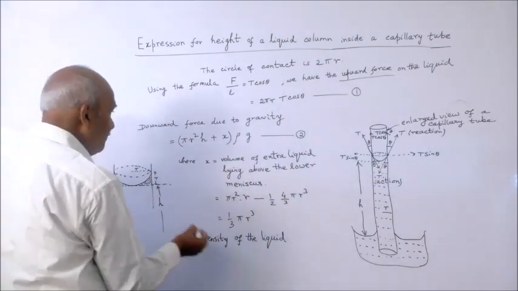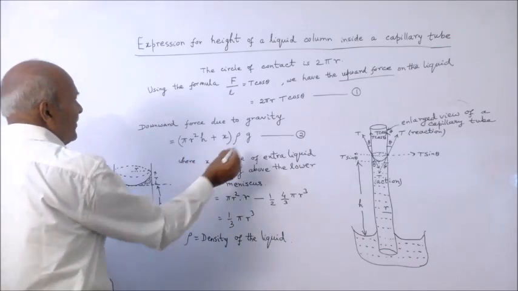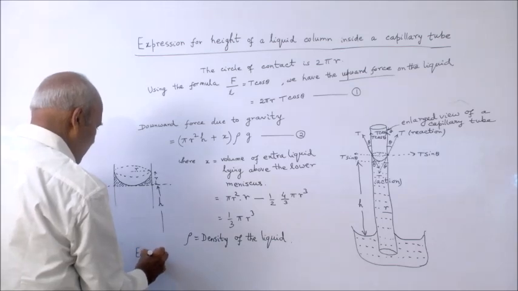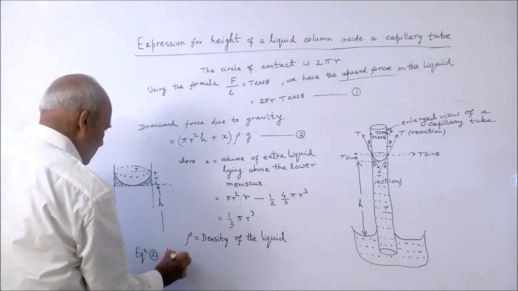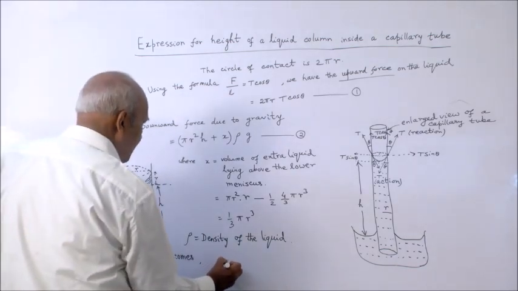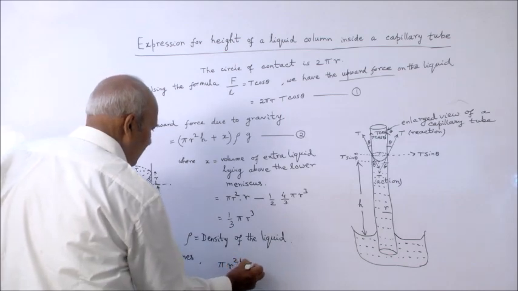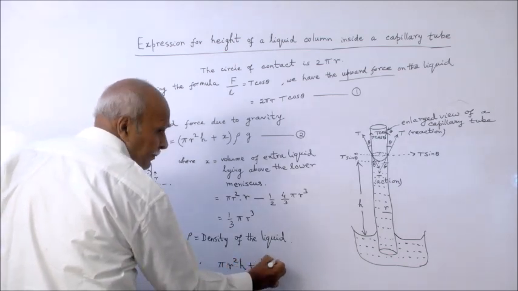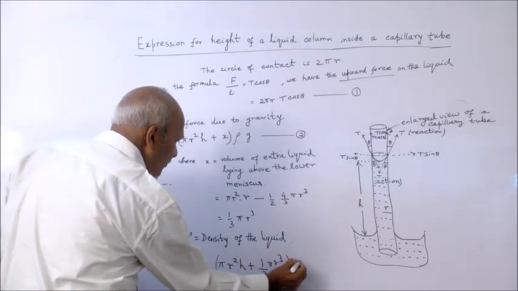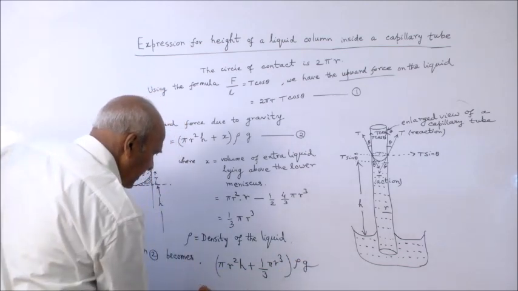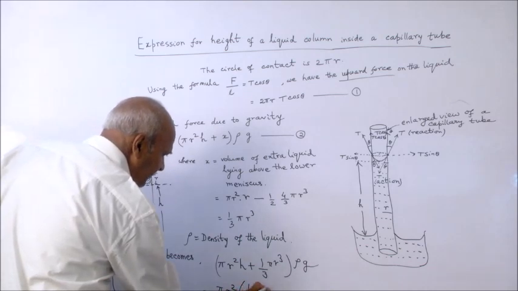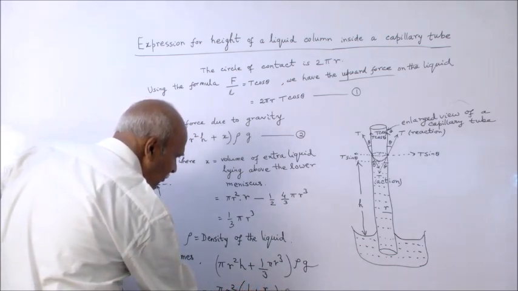So, inserting this value of x in equation 2, equation 2 becomes pi r square h plus 1 by 3 pi r cube times rho g, and if you take common pi r square, it is h plus r by 3, then rho g.